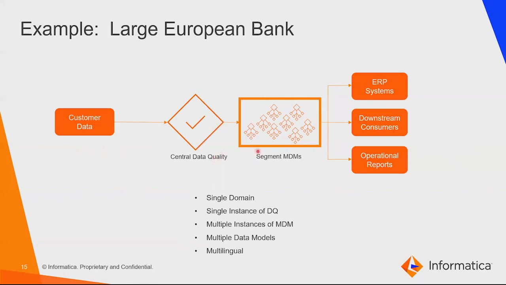If the data is consistent on the structure from all these segments, then we could have a single data structure. But if the data is different, either because of the geography or the language or the type of data set that is coming in and being mastered, then in that case, you can have multiple data models.